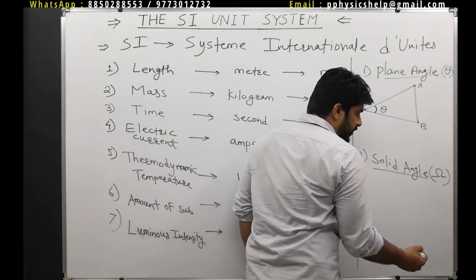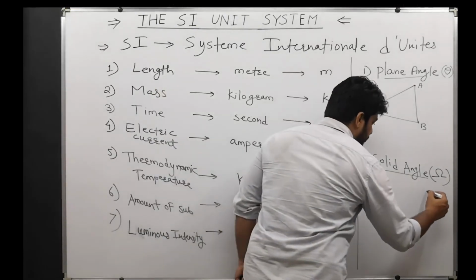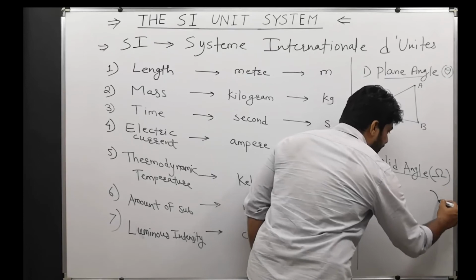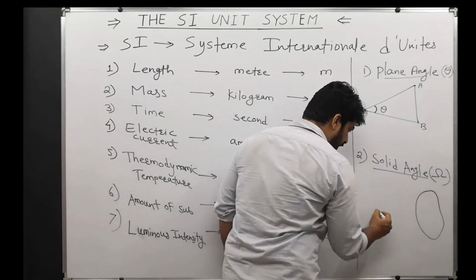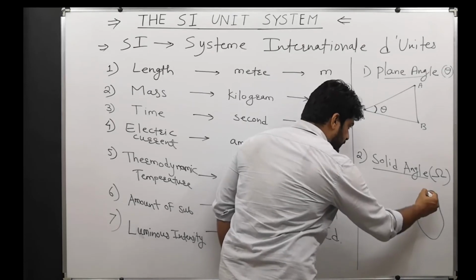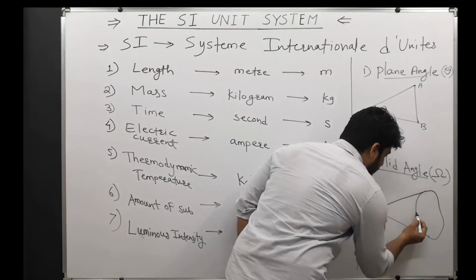And solid angle is different. Suppose you have some area, let's say something like this, and suppose this is a point, and this point subtends a certain angle.